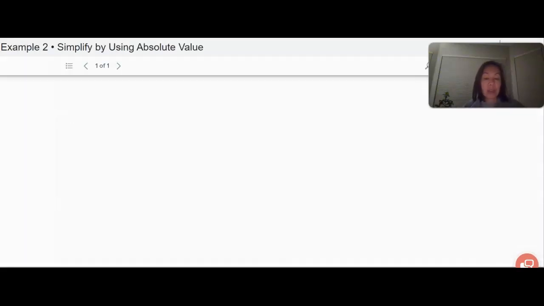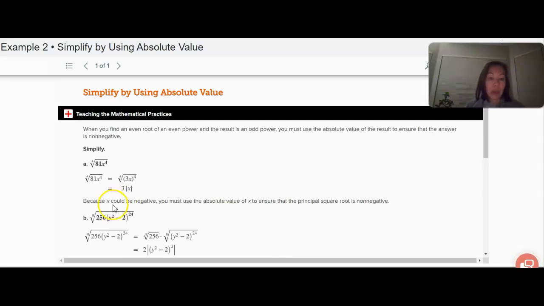Now sometimes with even roots, okay, so if we have an even root of an even power and the result is an odd power, then we have to use absolute value to ensure that the answer is non-negative. For instance, we can't take the fourth root of a negative number.